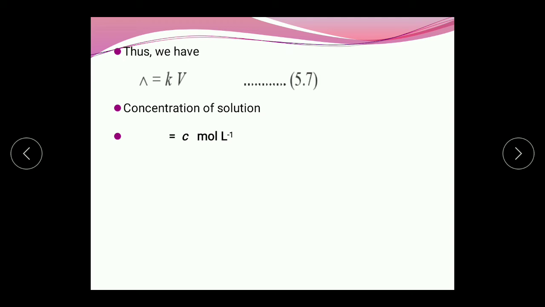Now, this moles per liter, if we want to convert to cubic centimeter, then it is divided by 1000, and hence it will become C moles per liter divided by 1000 cubic centimeter per liter, which will be C upon 1000 moles per cubic centimeter.